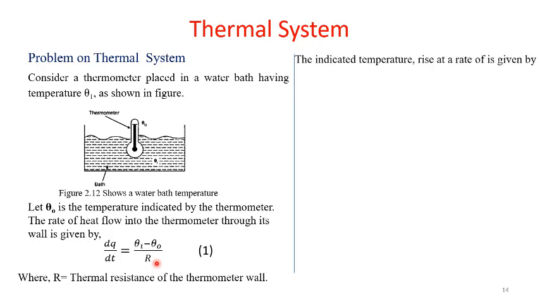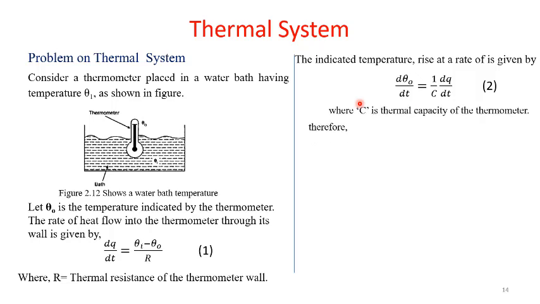The indicated temperature or rise in temperature in the thermometer is given by dθ0 by dt equal to 1 divided by C times dq by dt, where C is the thermal capacity of the thermometer.